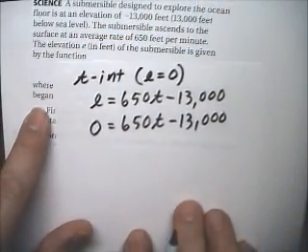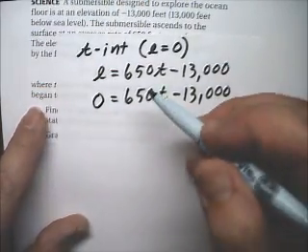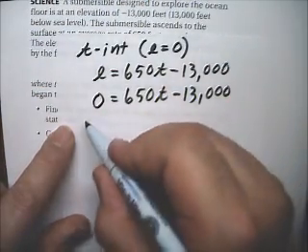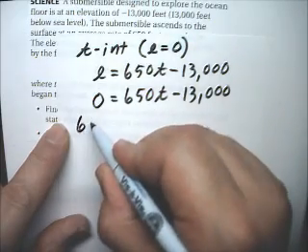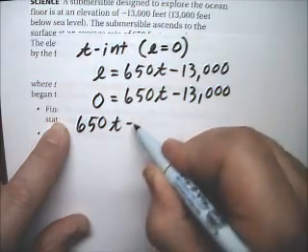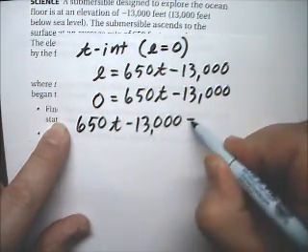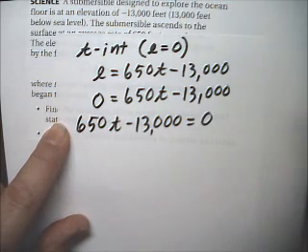Now, we've solved a lot of equations like this. I'm going to switch these just so that it looks a little more familiar to us. 650t minus 13,000 equals 0.